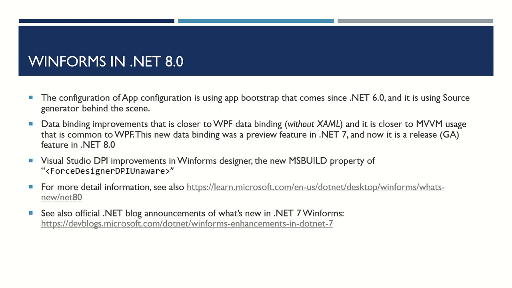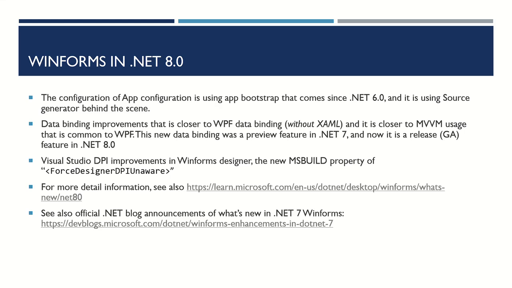And then we have a data binding improvement that is actually coming since .NET 7, but it was in preview in .NET 7. Now it is fully released, or you can say it is GA, generally available, in .NET 8. We also have a Visual Studio debug improvement in the form of the MSBuild project property, Force Designer DPI Unaware.